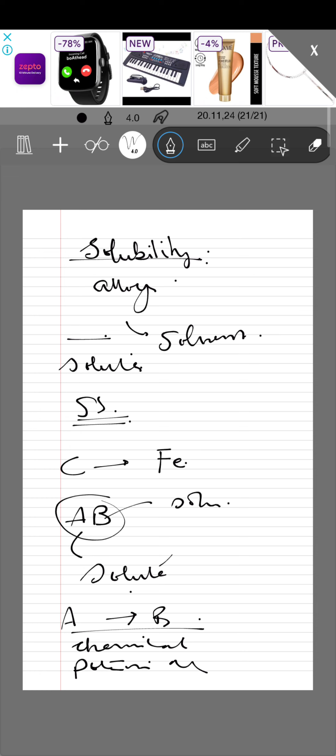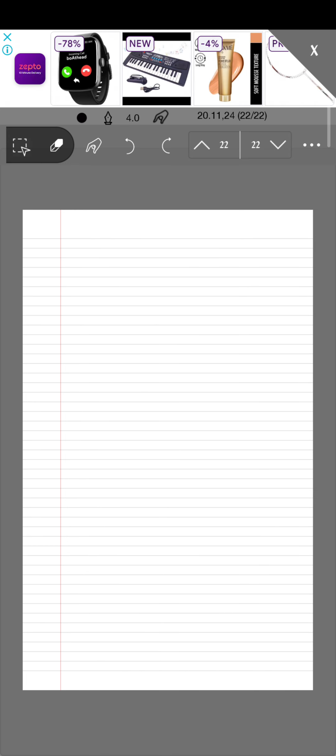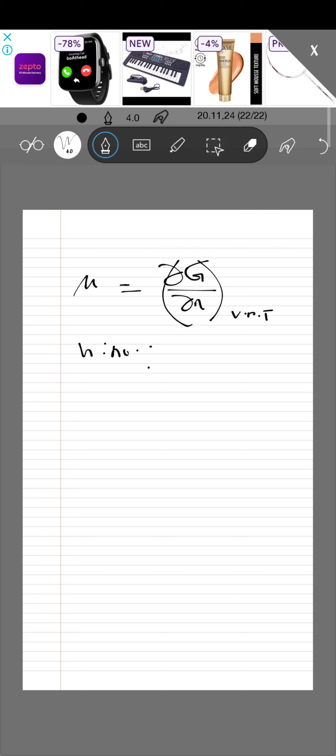Chemical potential, represented as mu, is equal to del G by del N at constant V, P, T. N is the number of species, and in this case it is the number of atoms.